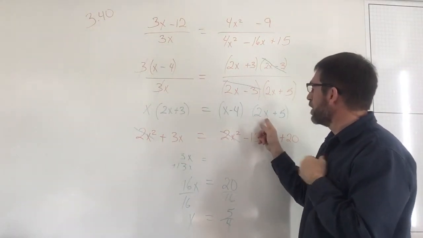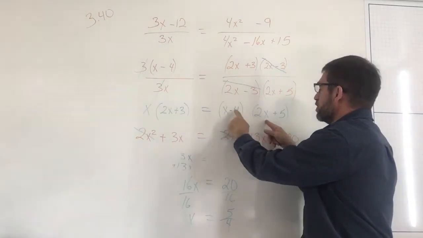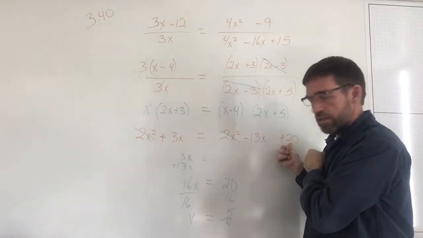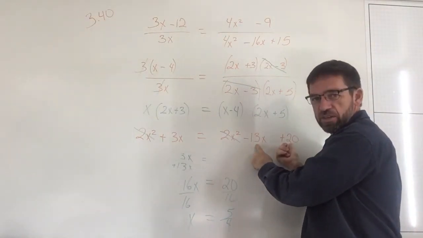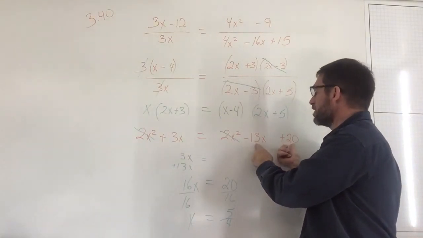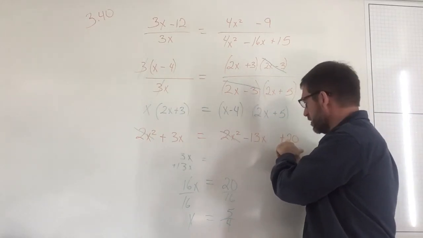But I understand they went 2x times x, so that made them 2x squared. Then I understand they went 4 times 5 makes them 20. But how did they get the negative 13x? I know for a trinomial, you've got to have it. But how did they get the 13x? 4 times 5 is 20, that makes sense.